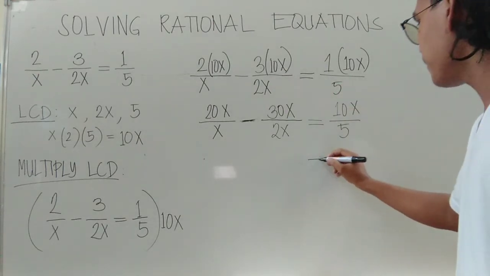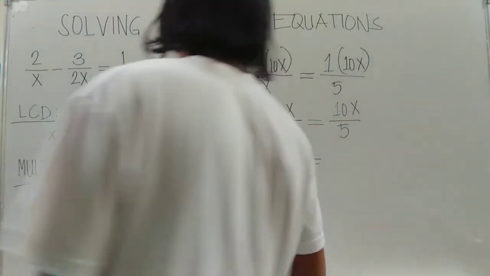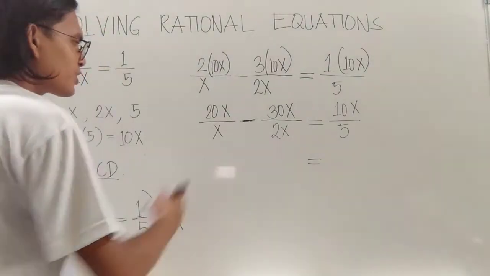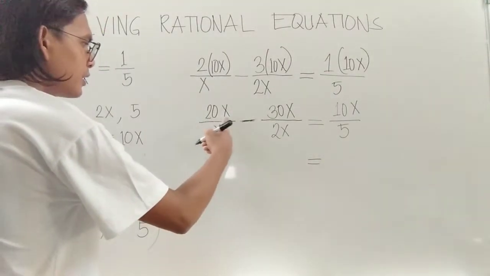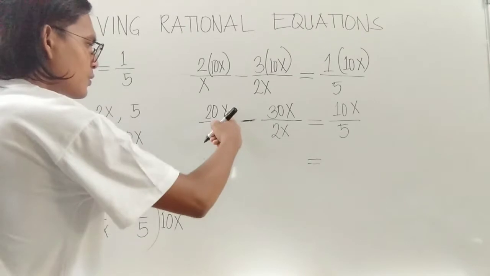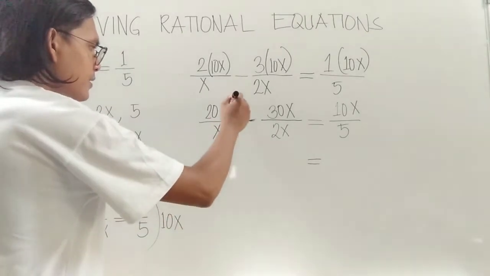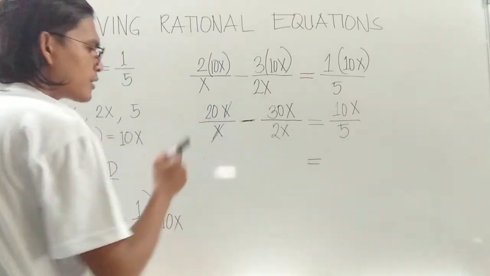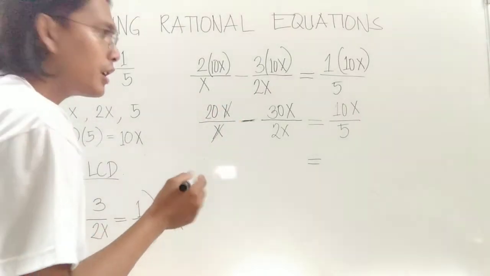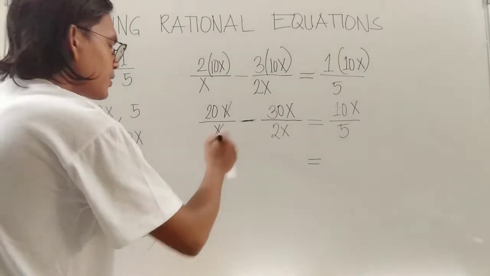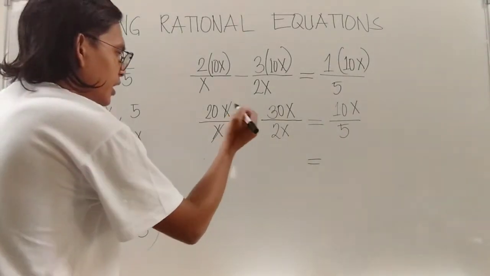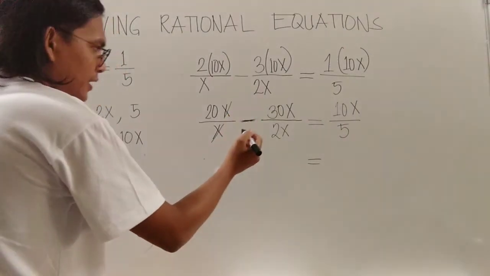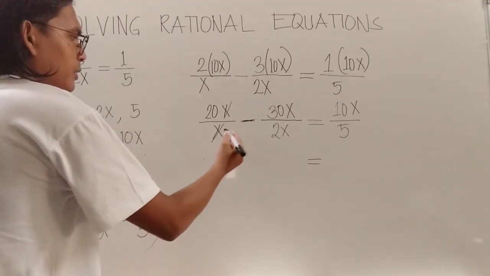Then let us simplify. 20x divided by x: the common factor is x, and x divided by x is 1. Most of us say cancel, but that's not exactly it, though it has benefits as a shortcut.